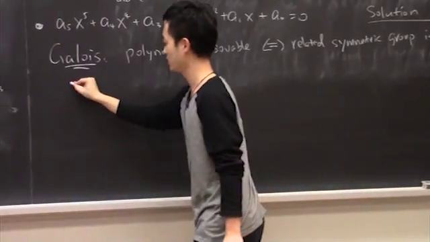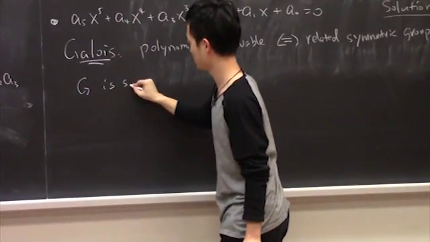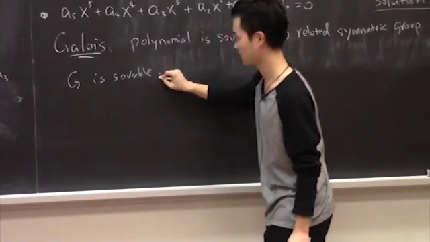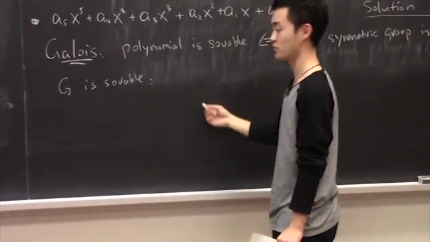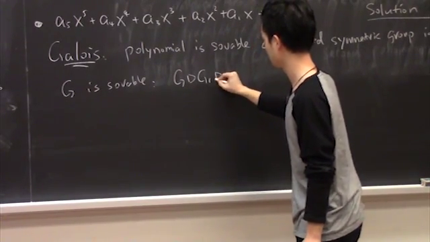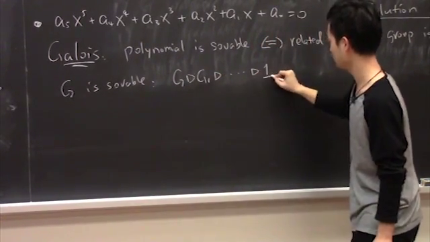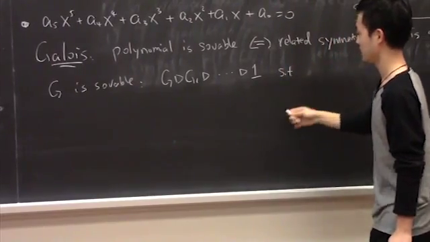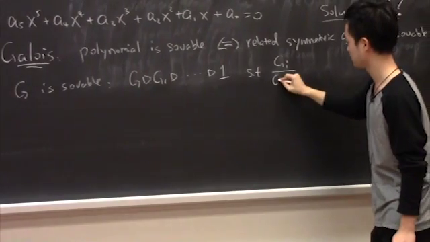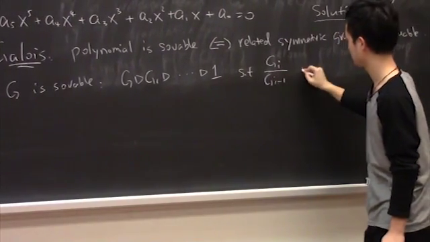A group G is solvable if there exists a subnormal series G, G1, all the way to 1, such that in the chain each quotient is abelian.